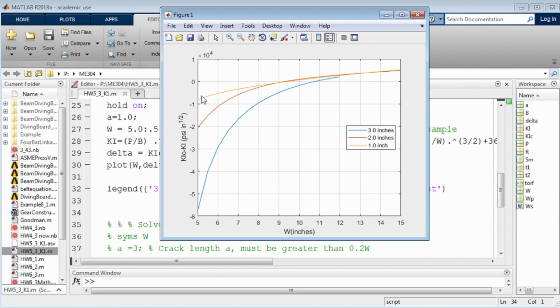So for the 1 inch crack length, roughly 9 inch parameter W works, and the same for a 2 inch crack, and then a 3 inch crack needs a slightly bigger specimen for this to work. It would be at a W of 11 inches. So any of those solutions would work.